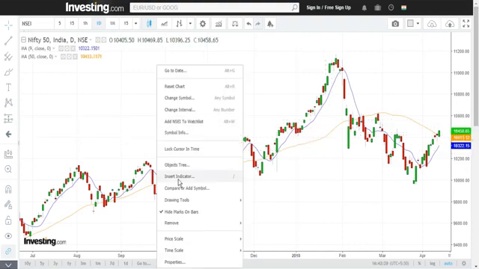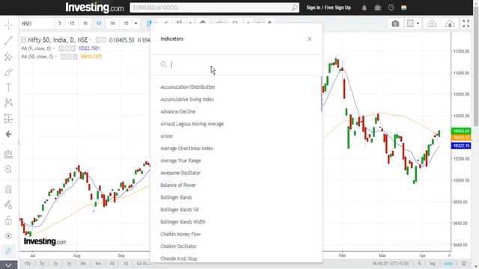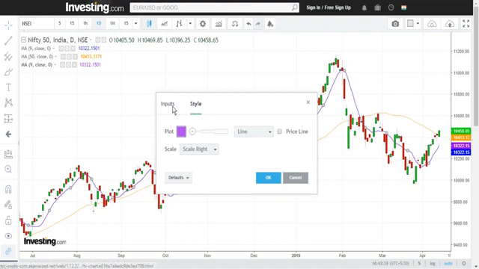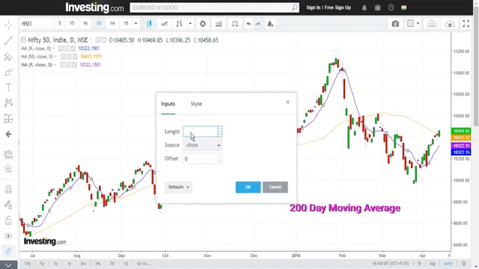Now, if we look at an even longer term moving average, like if we want to select the 200-day moving average, let me select here and put the value of 200 days.